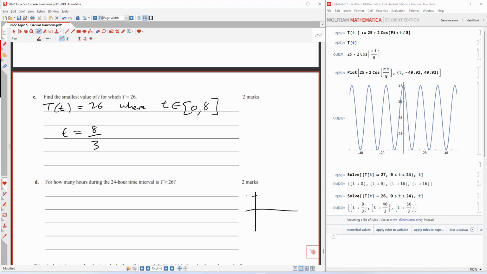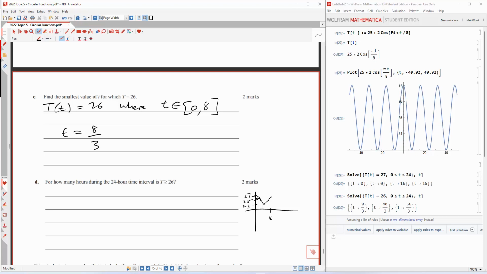So we've got 27, 23, and 25. And what cosine does is it goes one repetition in 16. So up, down, down, up, up.